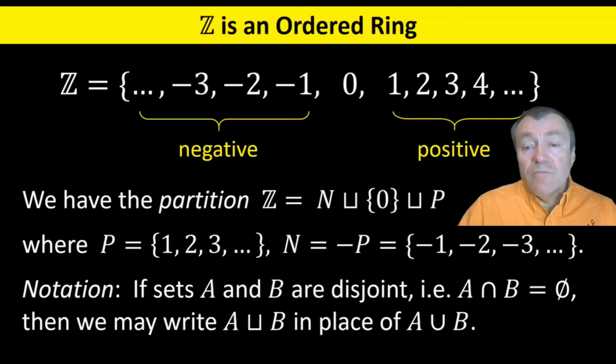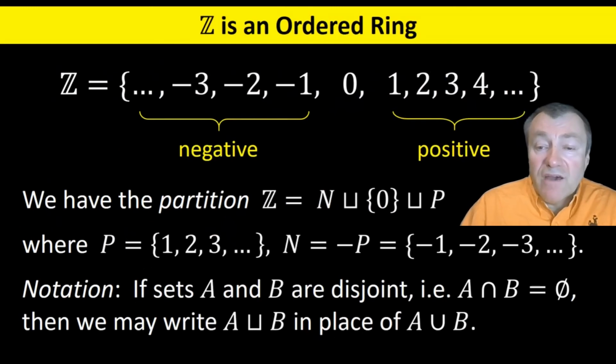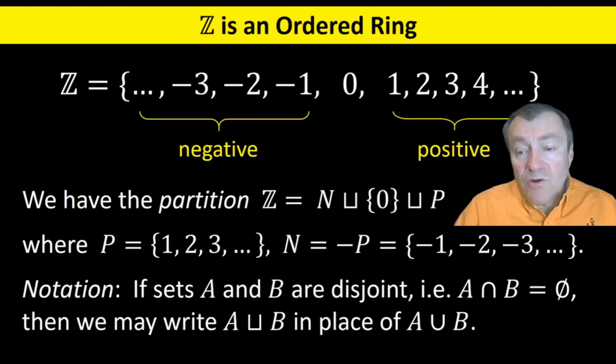A little more about basic properties of our big five number systems. The integers form what we call an ordered ring. This means every integer is either positive, negative, or 0. And this gives a partition of the integers into three types with no overlap. We'll talk more about partitions in a later video.